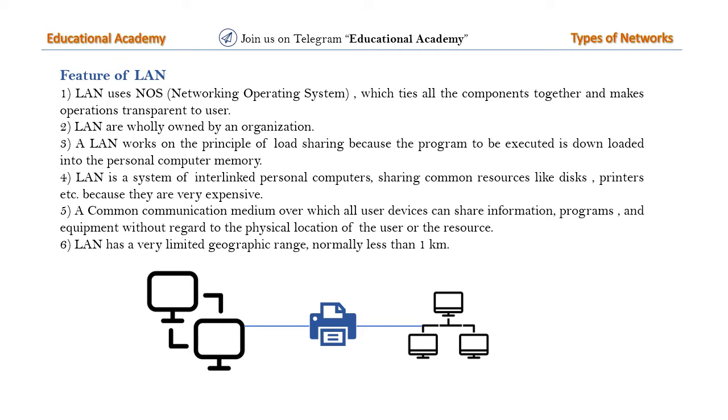Now, the fifth point is a common communication medium over which all users' devices can share information, programs, and equipment without regard to the physical location of the user or the resources. Okay, so we can share all the devices and equipment. We can do common communication by using mediums. For example, we have a printer.